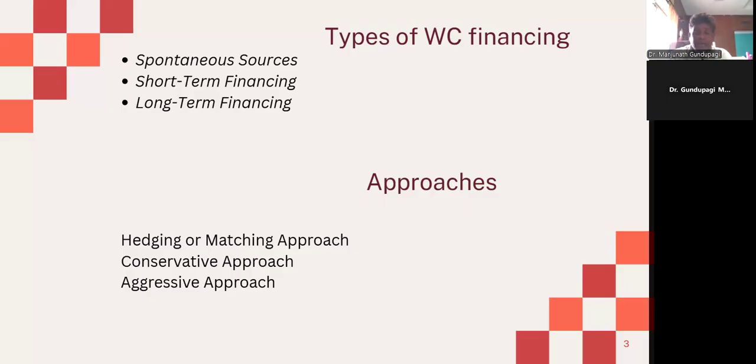The biggest advantage is low risk of liquidity shortage and stable financing. The major disadvantage is the financing cost.